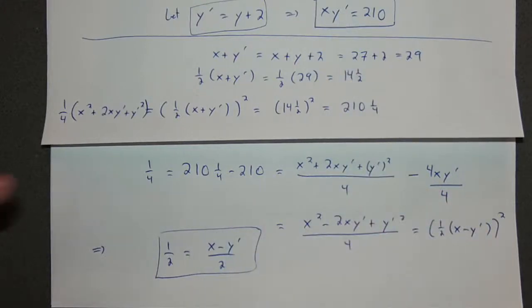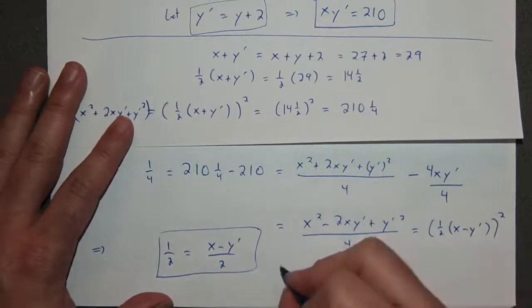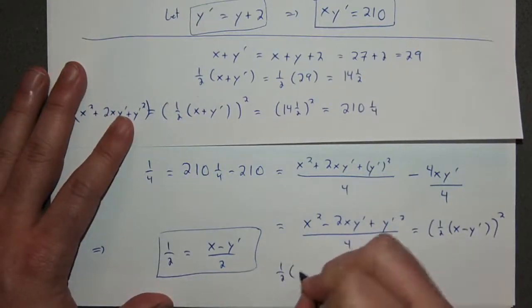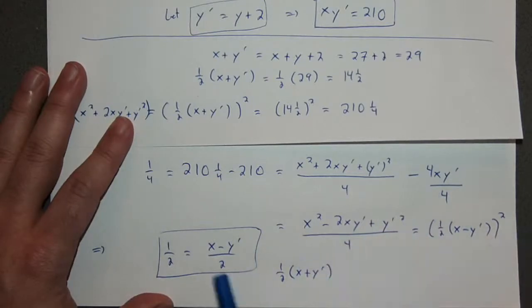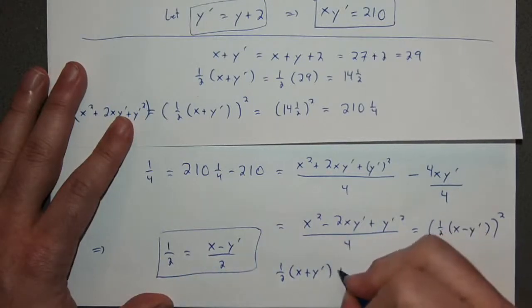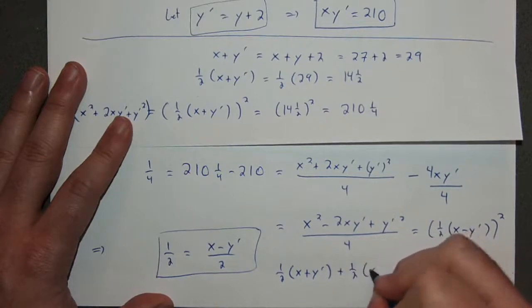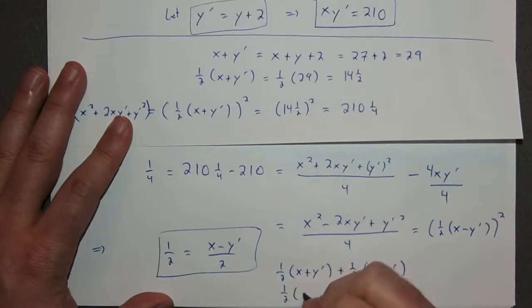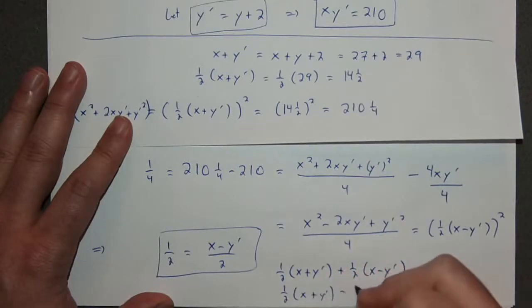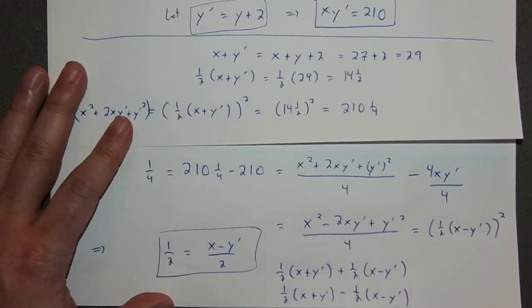So I want to add and subtract these two things: 1 half (x plus y prime) and 1 half (x minus y prime). I want to do 1 half (x plus y prime) minus 1 half (x minus y prime). But when I do that, what do I get?